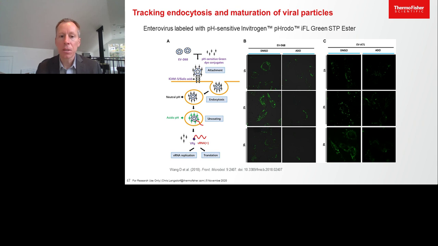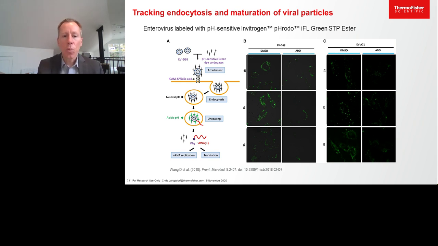And so the fluorescent signal by the dye gives us a quantitative measure of how far into a cell that virus has progressed. And in this case, a drug treatment is being used to inhibit acidification of that pathway. So we can see some panels where the signal is less bright.